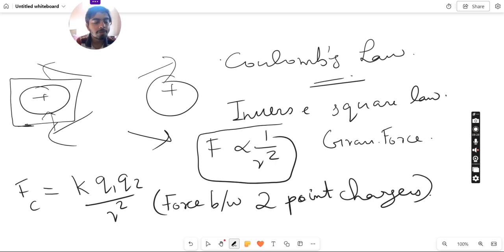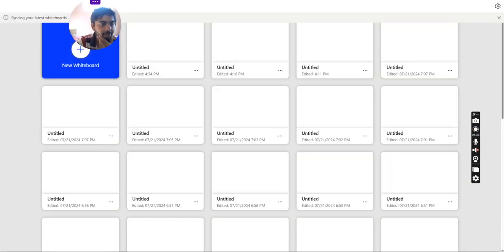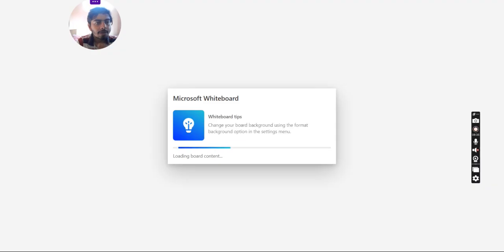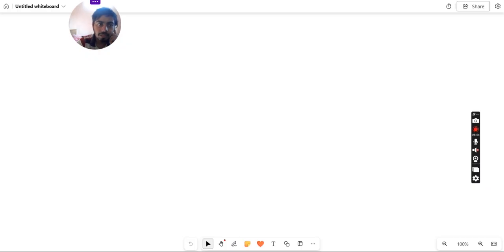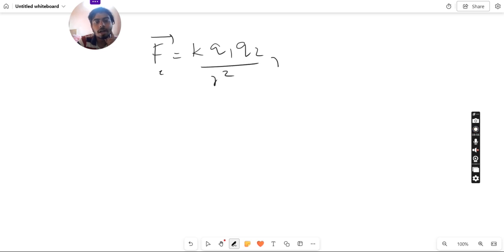Okay. So more formally, we need to write Coulomb's law like this. Coulomb's law is talking about a force, which is a vector, so to make it very precise, we need vector notation. That's Coulomb force Fc equals K into Q1 Q2 by R squared R cap.